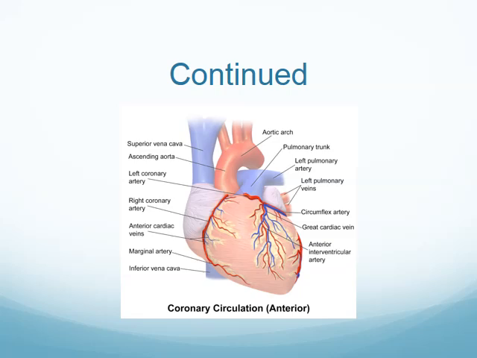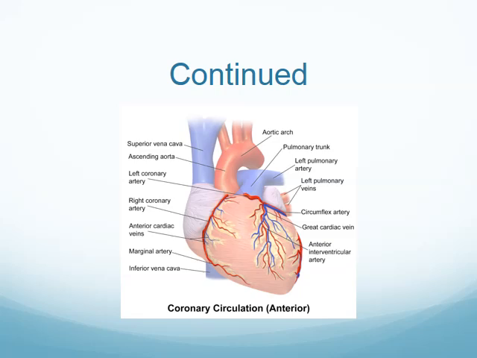The right coronary artery comes down and supplies a significant portion of the right side of the heart, including the right atrium and the right ventricle. You see that you do have a marginal branch that wraps around to the posterior side and the right side as well.